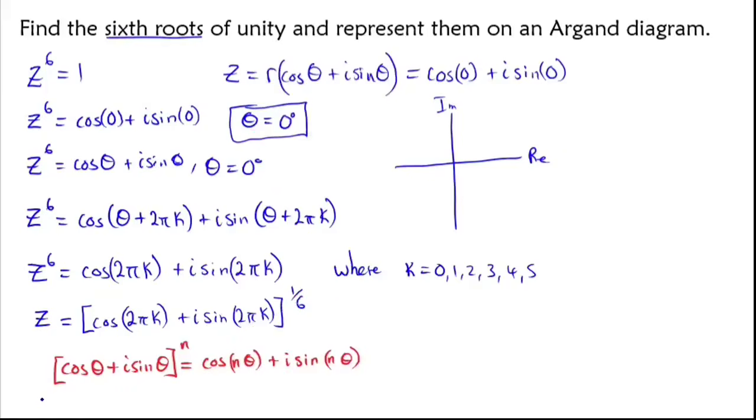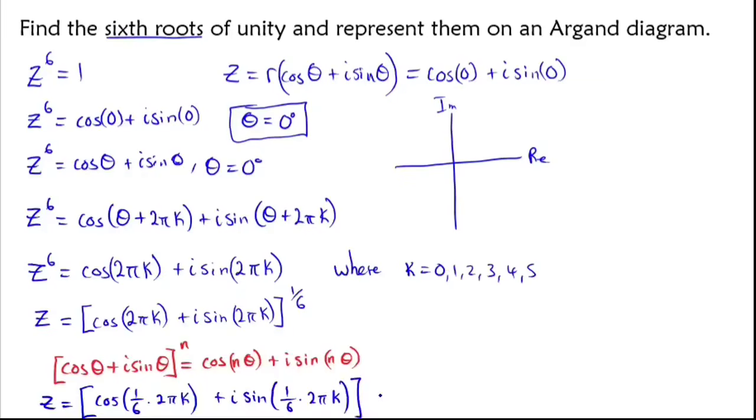We'll say z is equal to open bracket, cos of 1 over 6 multiplied by 2 pi k, then plus i sine, again 1 over 6 multiplied by 2 pi k. We know that k has values 0 up to 5.